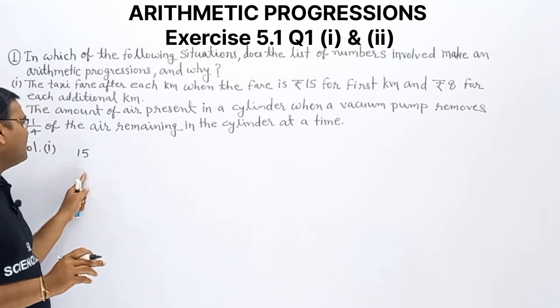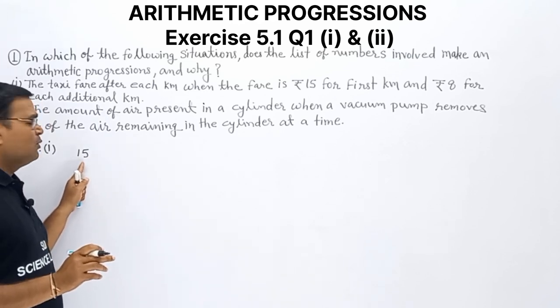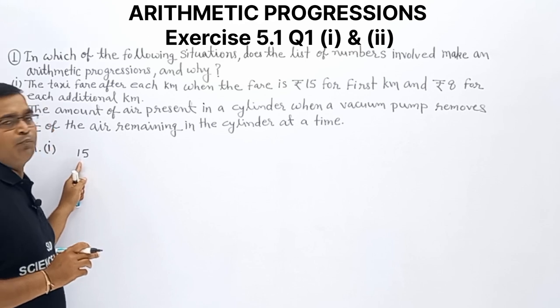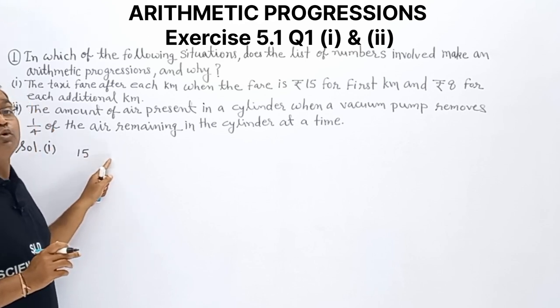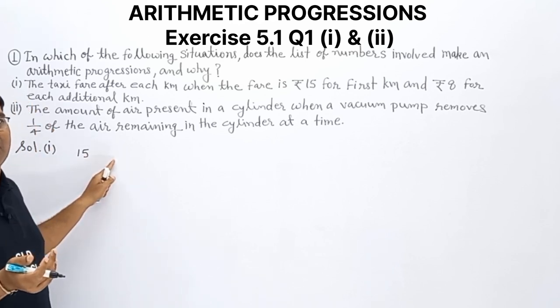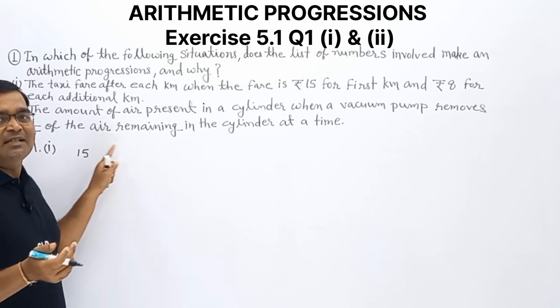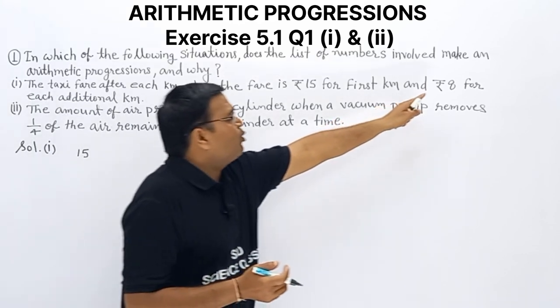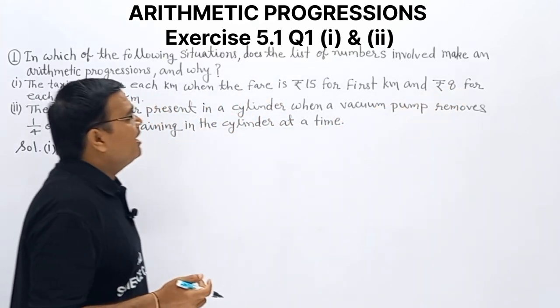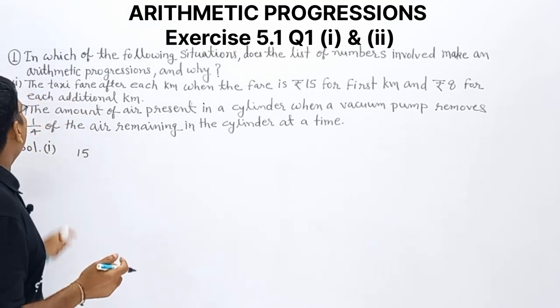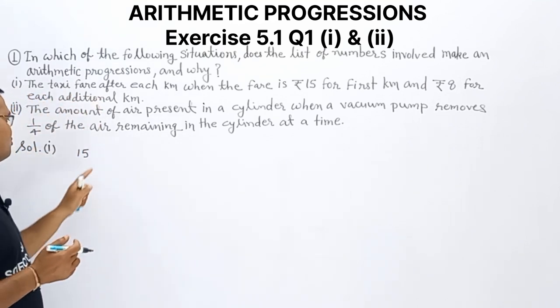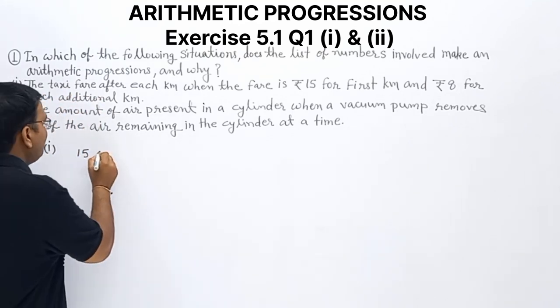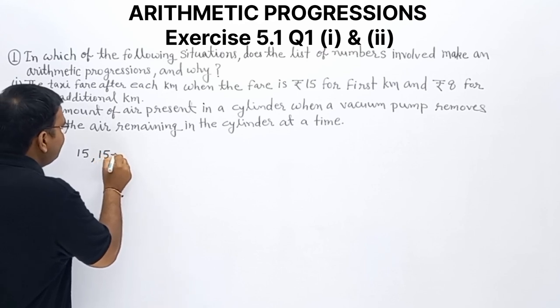So for the first kilometer we will pay 15 rupees. But we want to go 2 kilometers, then 15 plus 8 for the additional kilometer. So for 2 kilometers, 15 plus 8.